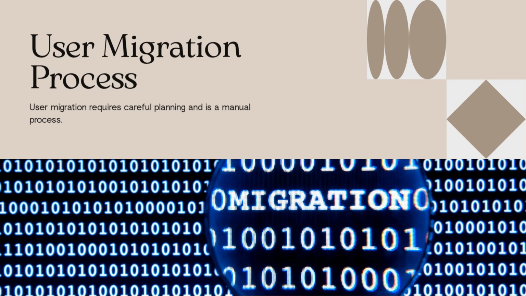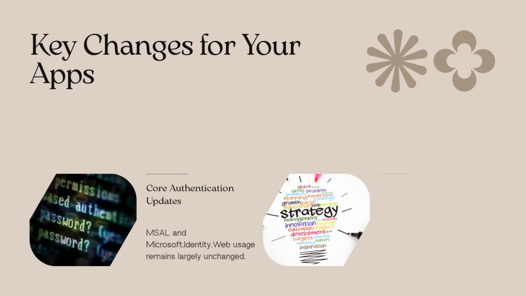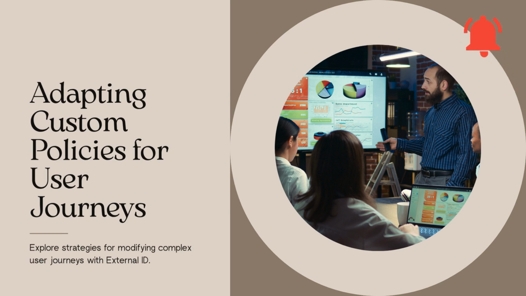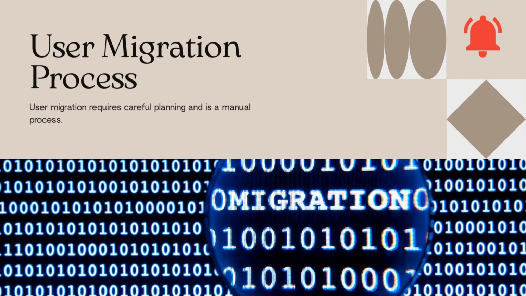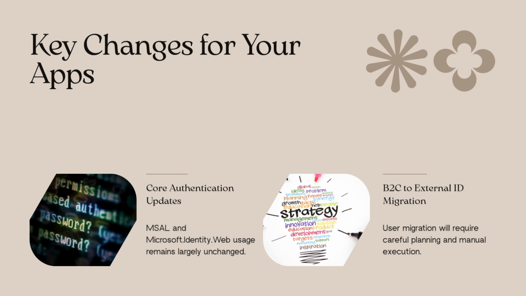The biggest consideration is if your B2C solution relied heavily on custom policies, you will need a strategy to adapt those complex user journeys, potentially using built-in External ID user flows or new extension points. And remember, user migration from B2C to External ID will be a manual process, so plan for that. I will also cover that concept in future videos.